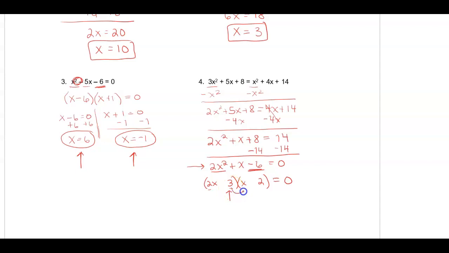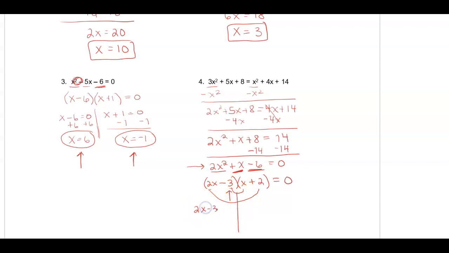So the inner product is 3x, and the outer product is 4x. So 3x and 4x, do they somehow add or subtract to 1x? And they do. So if I had a positive 4x and a negative 3x, I would get positive x. So that takes care of factoring. Now, I like to draw a line, and I'm going to split them up.